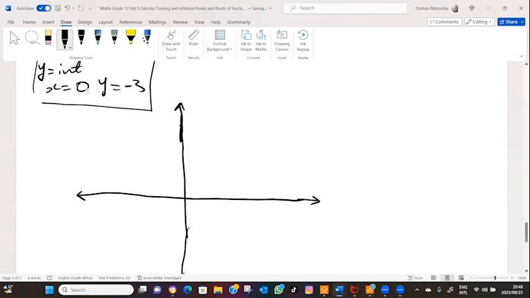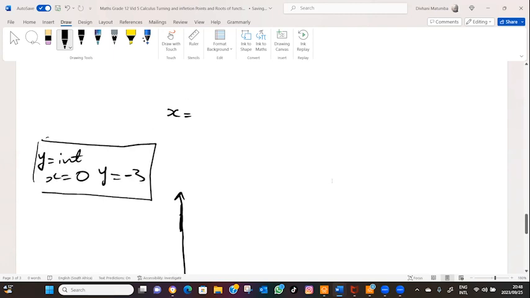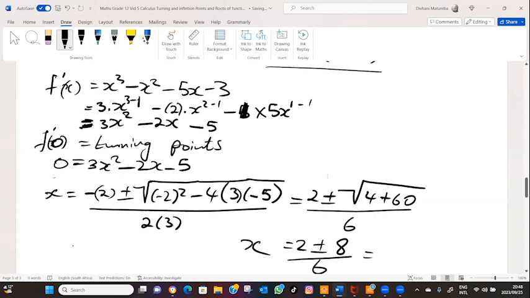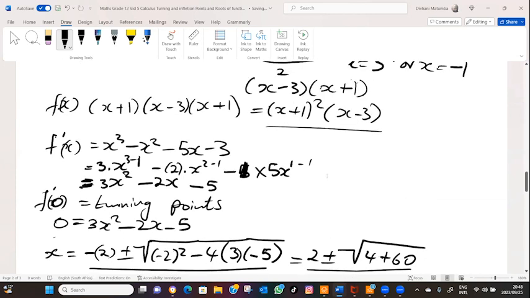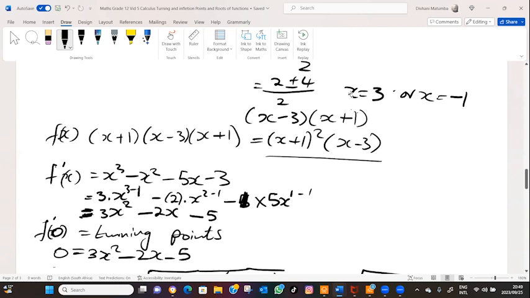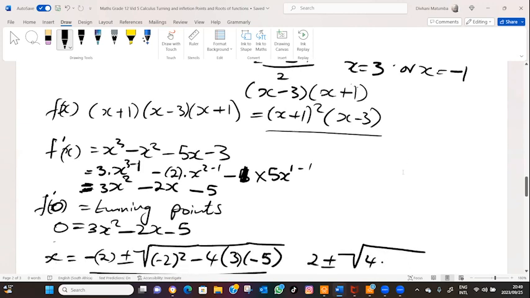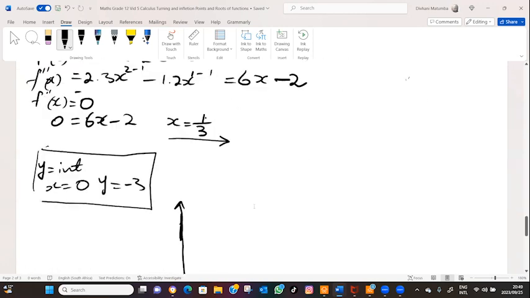Point number one, let us look at the solutions. The solutions we have, your function cutting at a point x equals 3 and x equals minus 1 twice. That's what we know.